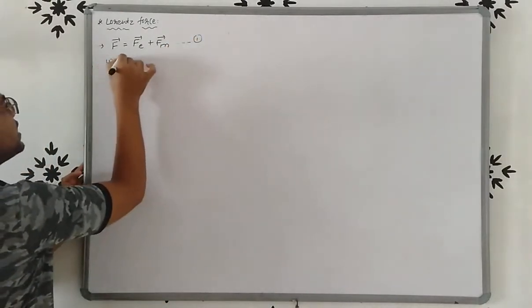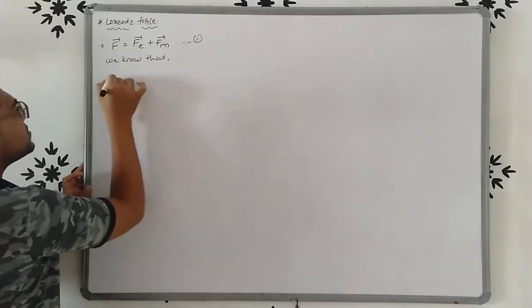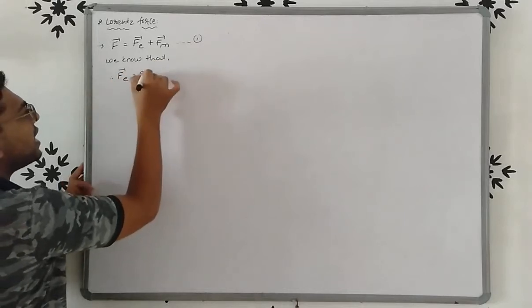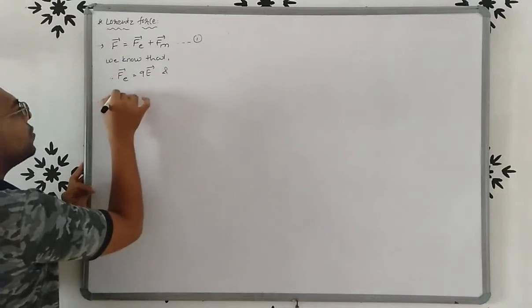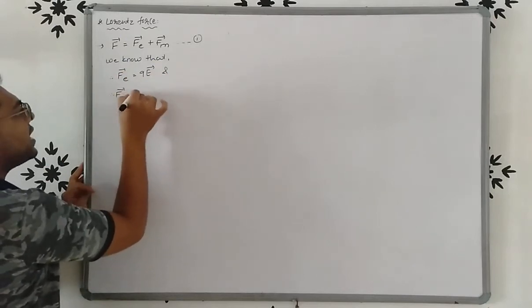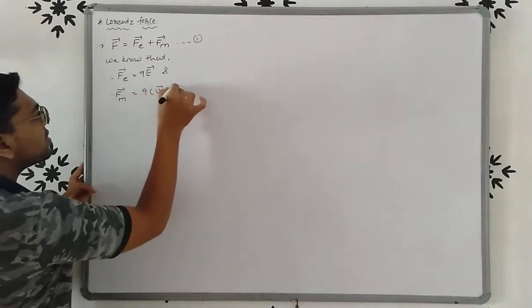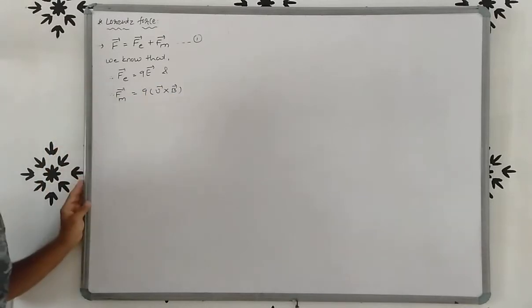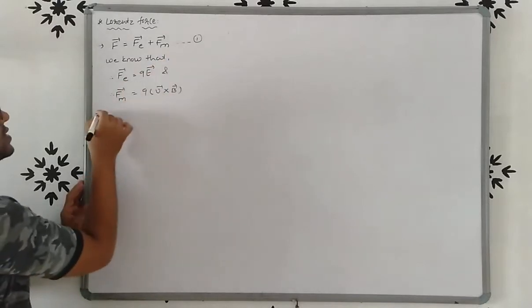We know that the force experienced by a moving charge in an electric field is Fe equals QE, and the force due to magnetic field Fm equals Q into V cross B. So we put the values of Fe and Fm in equation 1.